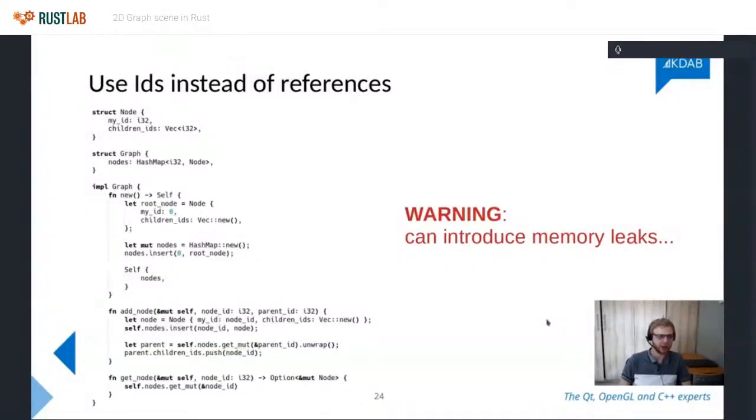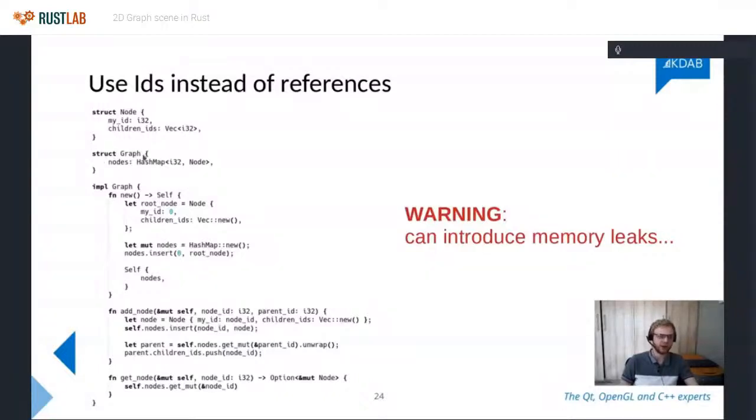It's something you will come across in many Rust talks where they tell you that you need to use IDs instead of references. As I just said, Rust doesn't like storing references everywhere. So for a graph, for instance, what you need to do is, instead of a node keeping references to its children, it just keeps a list of their IDs.